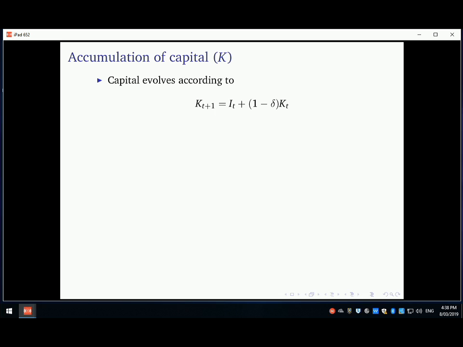Okay, so accumulation of capital follows this law of motion. This is an equation that describes how machines evolve over time. There will be a depreciation rate delta, which means that a fraction delta of the computers or the equipment in this room will not be useful next semester.